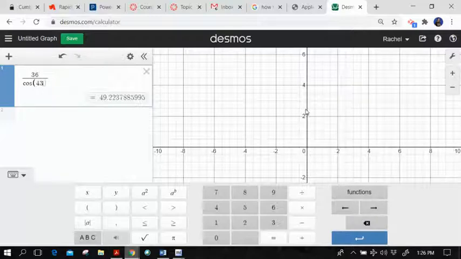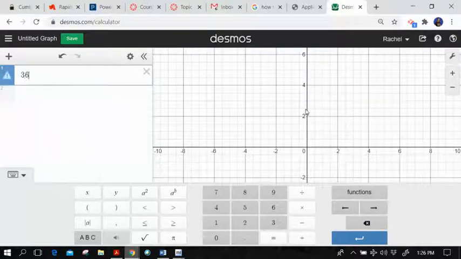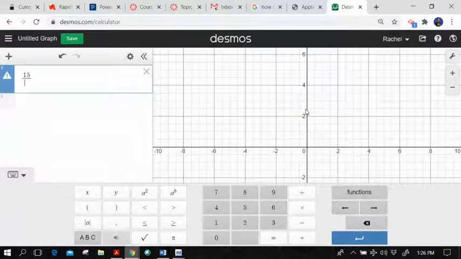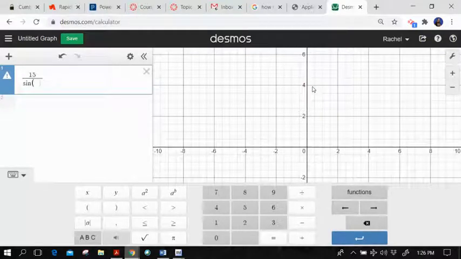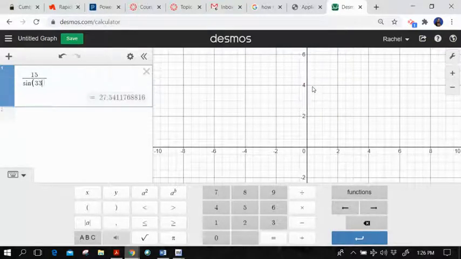Let me do that again for my example number 8. So I get 15 divided by sine. It won't work if you type it in. You need to come over here and click it. So over the sine of 33.